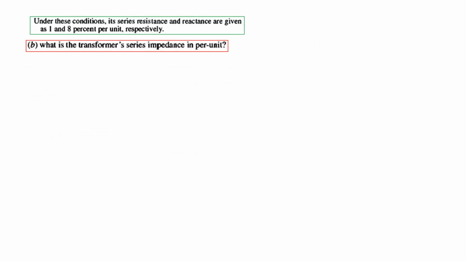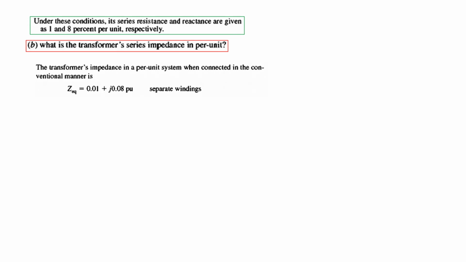Now under these conditions, if series resistance and reactance are given as 1% and 8% per unit respectively, what is the auto transformer's series impedance per unit? The transformer impedance per unit as given is 1 and 8, so the real part is 0.01, 1%, and the imaginary part is 0.08 per unit.